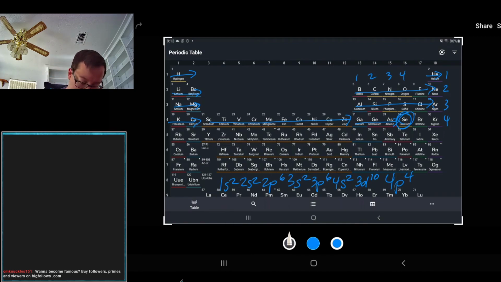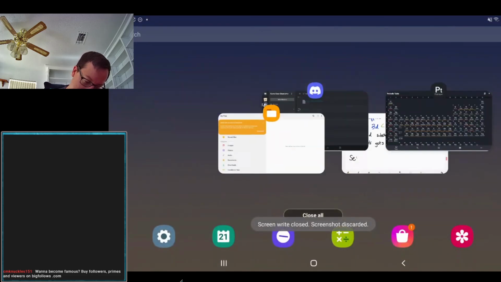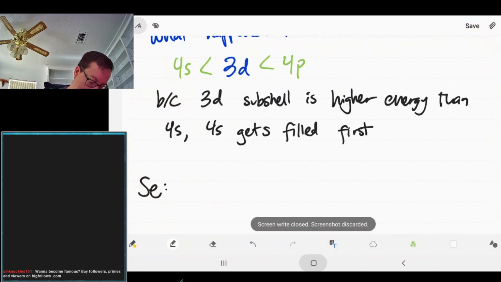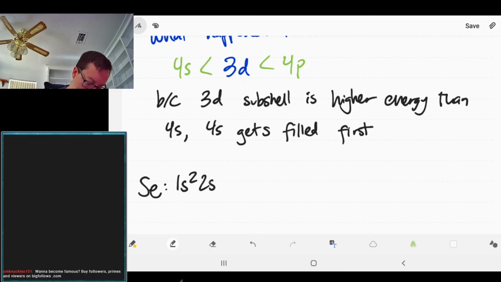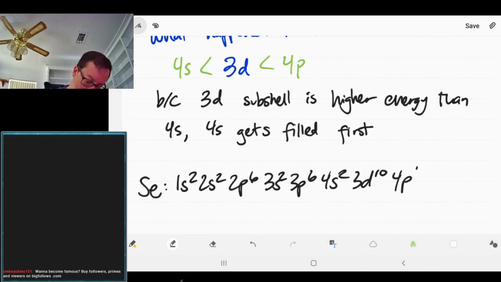All right, so we saw that we had, I'm going to just copy it down. We were able to find 4p4, and then we have to fill everything else before it.